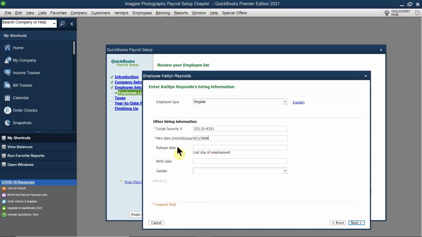Release date. Release date is only if you have fired her. Okay? If you haven't fired her and she's still continuing to work at your company, ignore this. This is only pertinent if you are in the middle of your payroll period and you had to let go of somebody in the middle of the year. So let's say I had to let go of somebody in June.